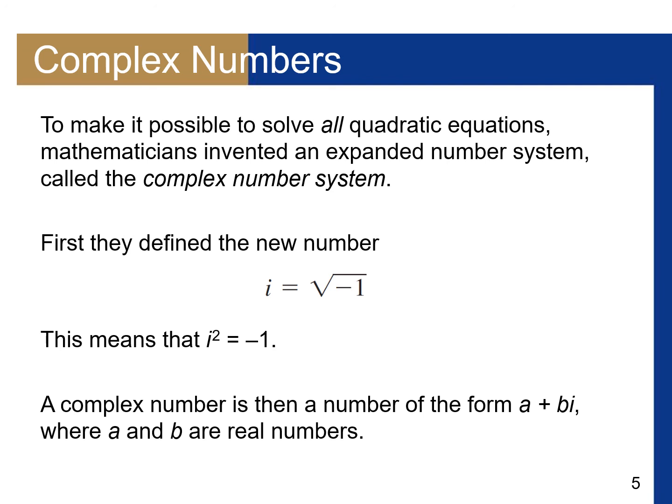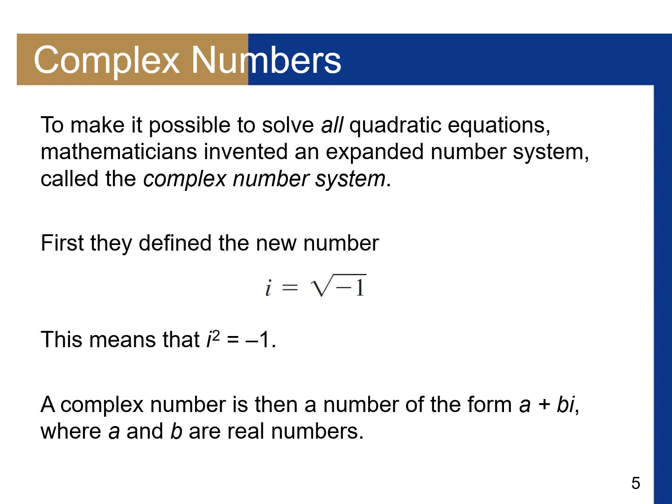To make it possible to solve all quadratic equations, mathematicians invented and expanded the number system called the complex number system. And how they did that is they defined i as a number, and that number i is equal to the square root of negative 1.